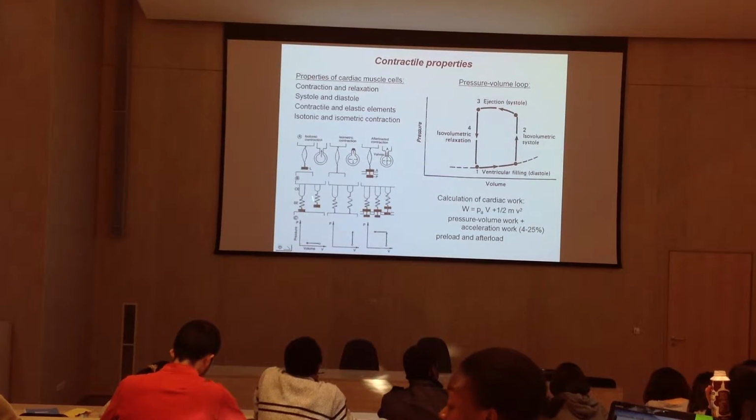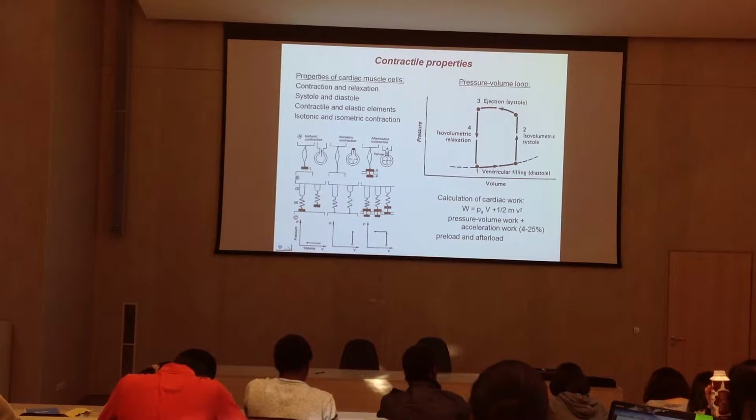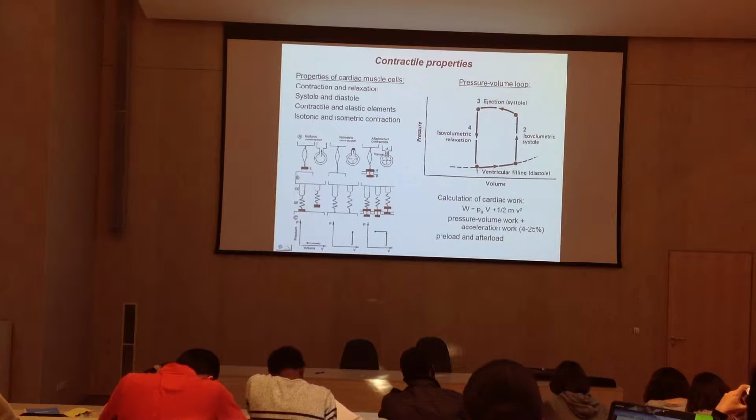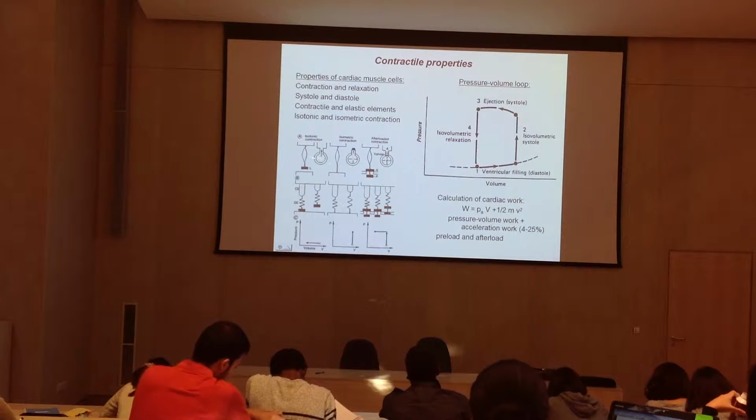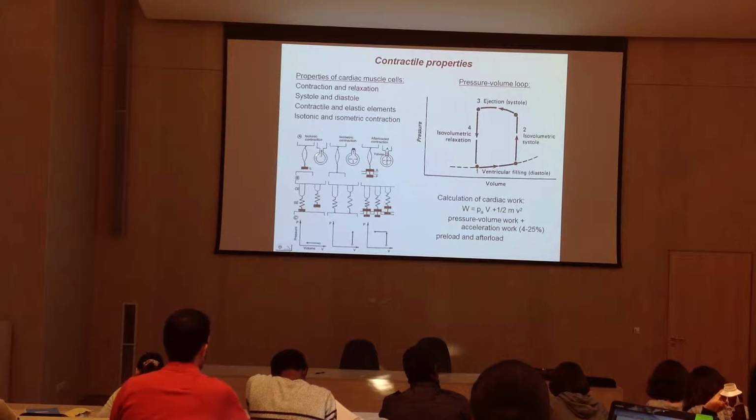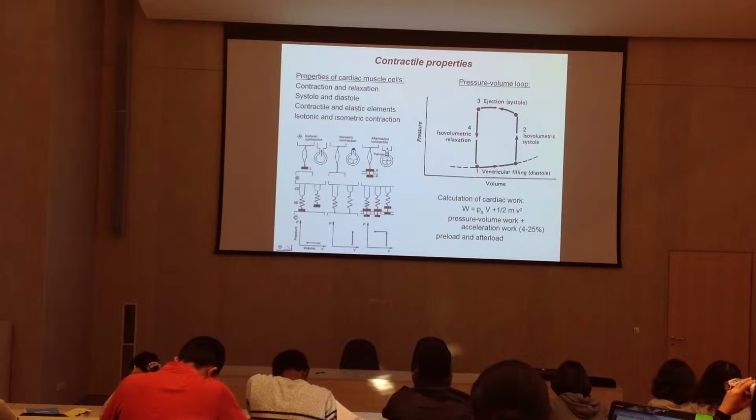Now, if you try to apply the scale to the ventricular muscle, just to make the discussion more simple, we have to speak about the left ventricle, and there is a large artery, the aorta, which starts from the left ventricle.